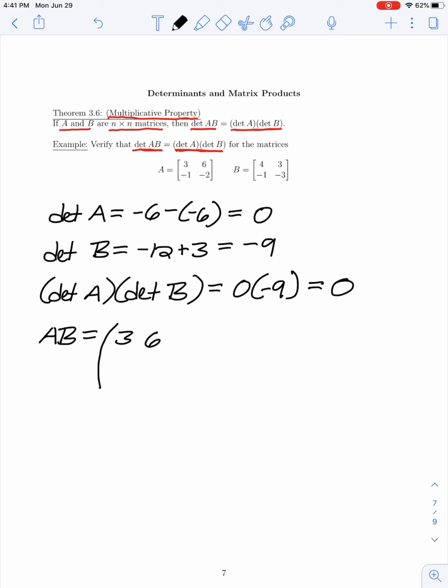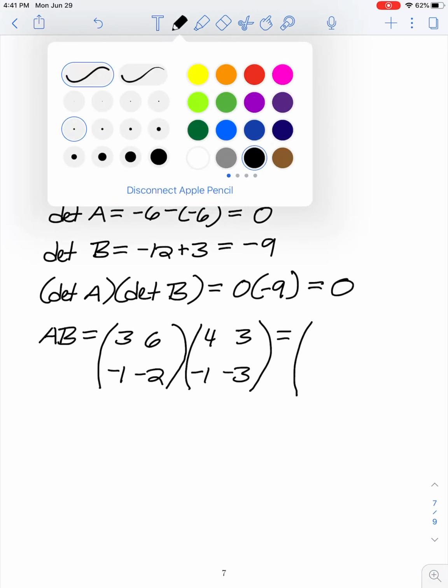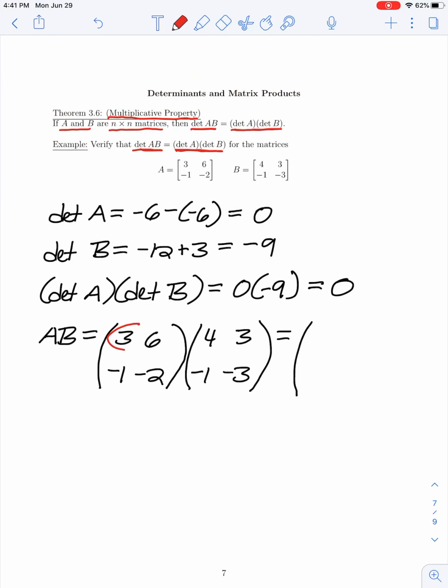So that was 3, 6, -1, -2 times 4, 3, -1, -3. So for our product, we get back a 2 by 2 matrix, and to find our first row, first column entry, we're taking the dot product of our first row and first column of these factors. So here we would have a 12 minus 6 is 6.